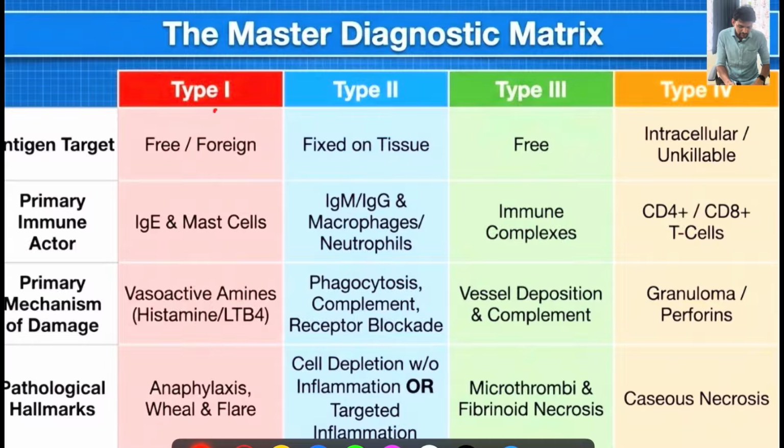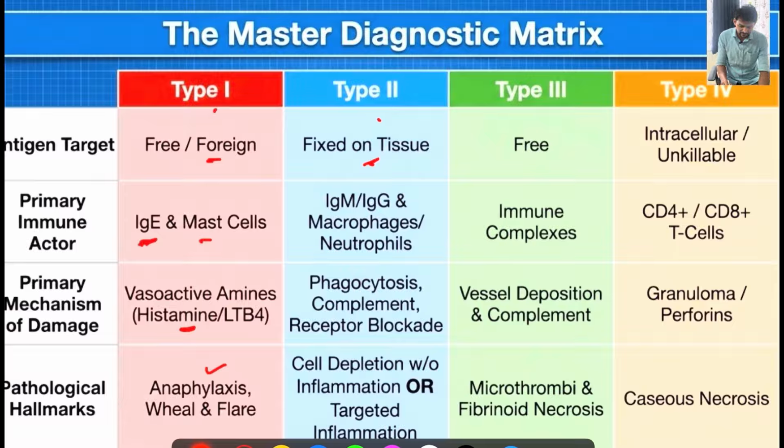So just to summarize, in type 1, the antigen is a free floating antigen or foreign body like dust or pollen, and the antibody is a fixed one, that is IgE over the mast cells, leading to release of histamine and leukotrienes, and we can see anaphylaxis, wheal and flare reaction. In type 2, there is a fixed antigen over the tissues.